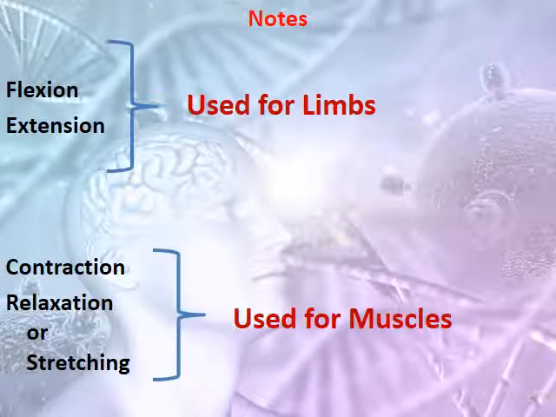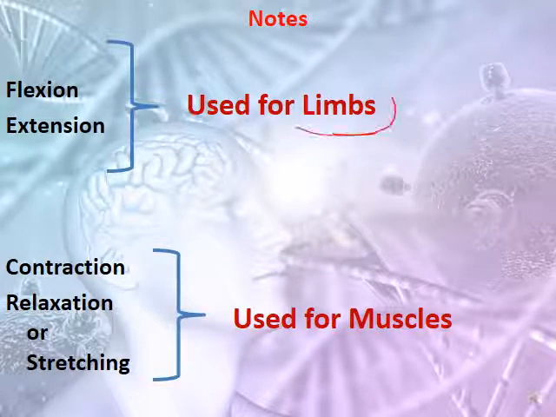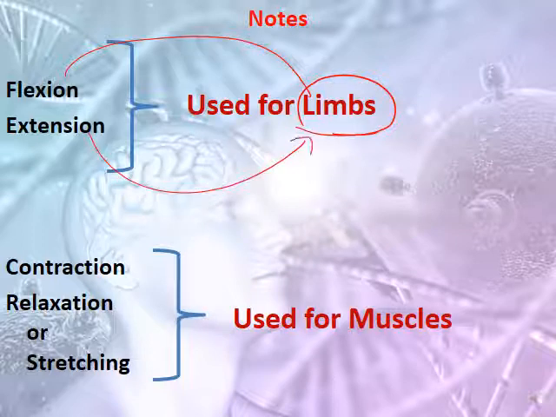Flexion or extension, mainly it's used for the limbs. So for limbs, we use the words flexion or extension. Contraction and relaxation or stretching are used for the muscles.